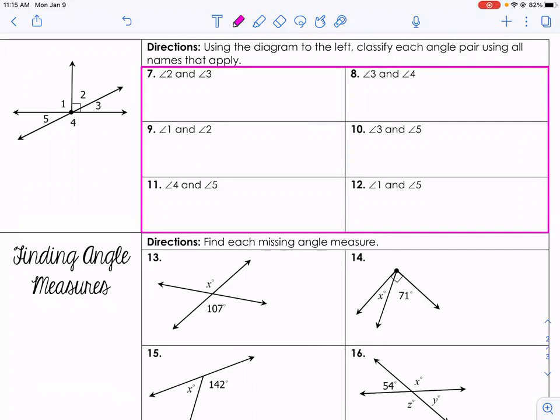Cordell, do you have your blue worksheet to turn in? No. Okay. Is that your hand? Yeah. What's happening?